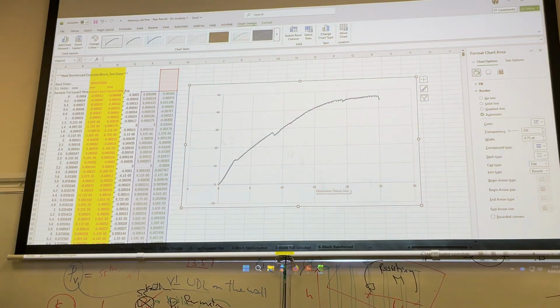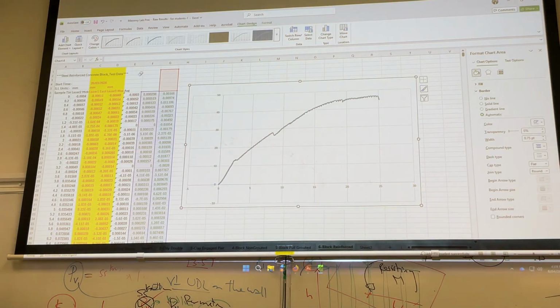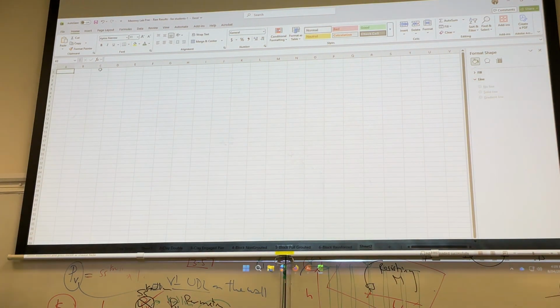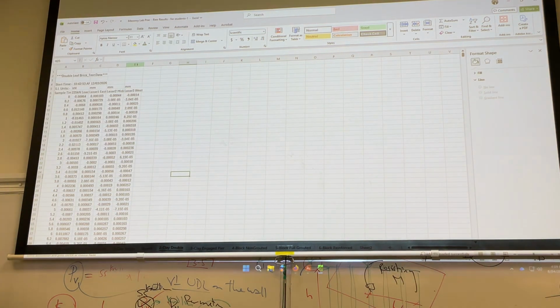What you need to do at the end is copy the final one and put it in a different sheet to compare all of them together.